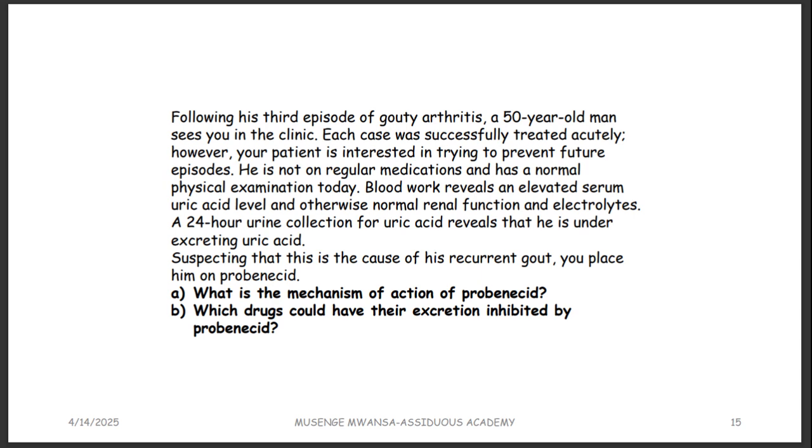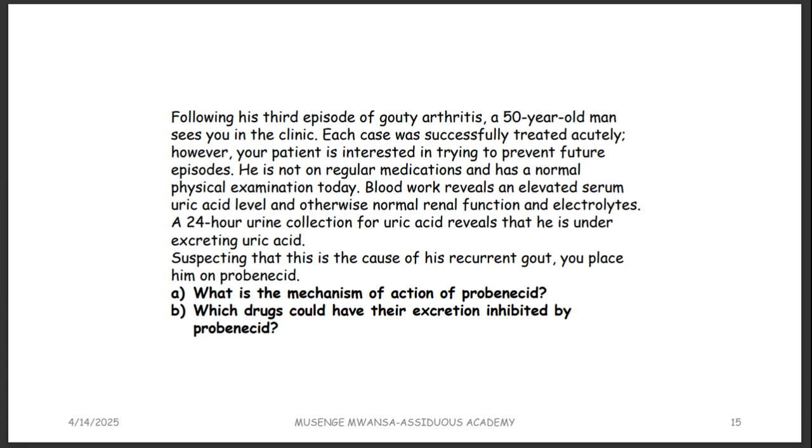Blood work reveals an elevated serum uric acid level and otherwise normal renal function and electrolytes. A 24-hour urine collection for uric acid reveals that he is under-excreting uric acid. Suspecting that this is the cause of his recurrent gout, you place him on probenecid. What is the mechanism of action of probenecid?